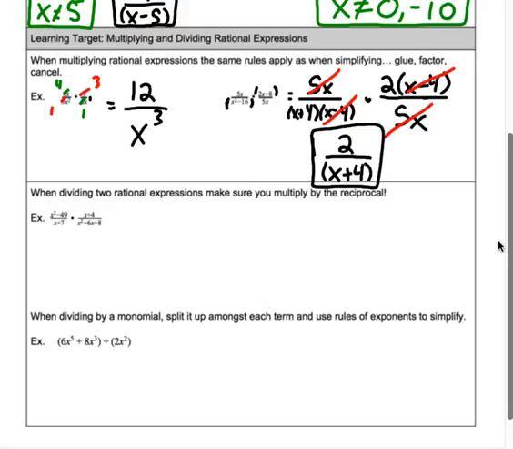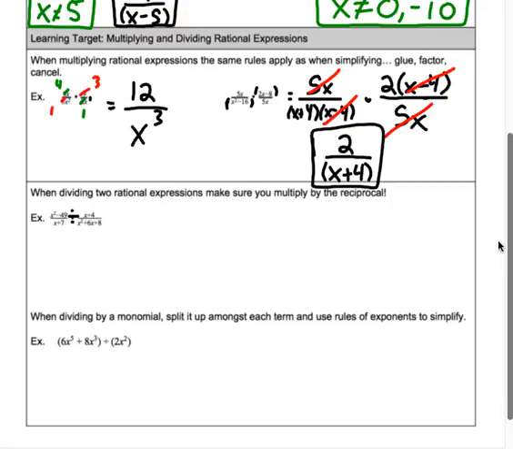Then, of course, when dividing, make sure you multiply by the reciprocal, okay? So again, what that means is here, I'm sorry, that was a typo. So here, when we're dividing these, so again, please change that to division. That's a typo on my part that it wasn't there.